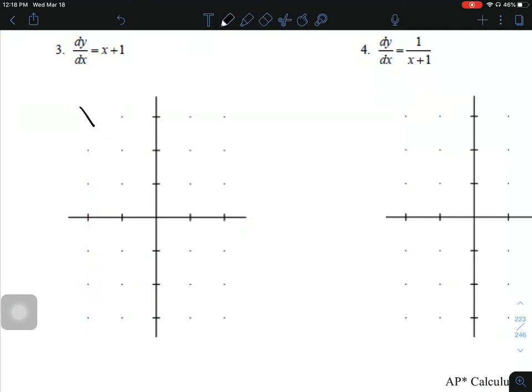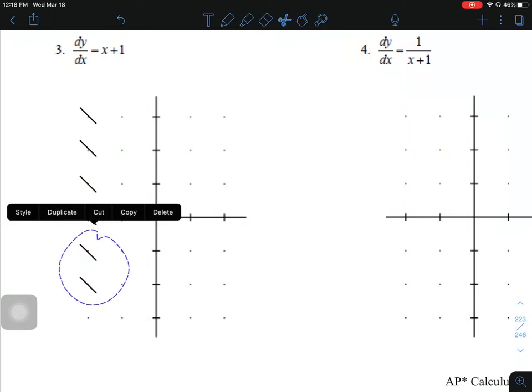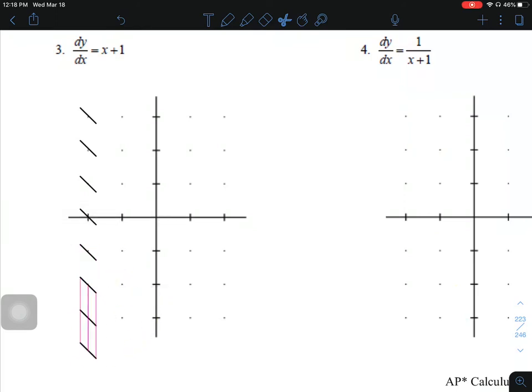So all these slopes are negative 1. Just going to throw those in here. Lovely. Well, this column here, all the x values are negative 1. Negative 1 plus 1 is 0. So each of these have a slope of 0.